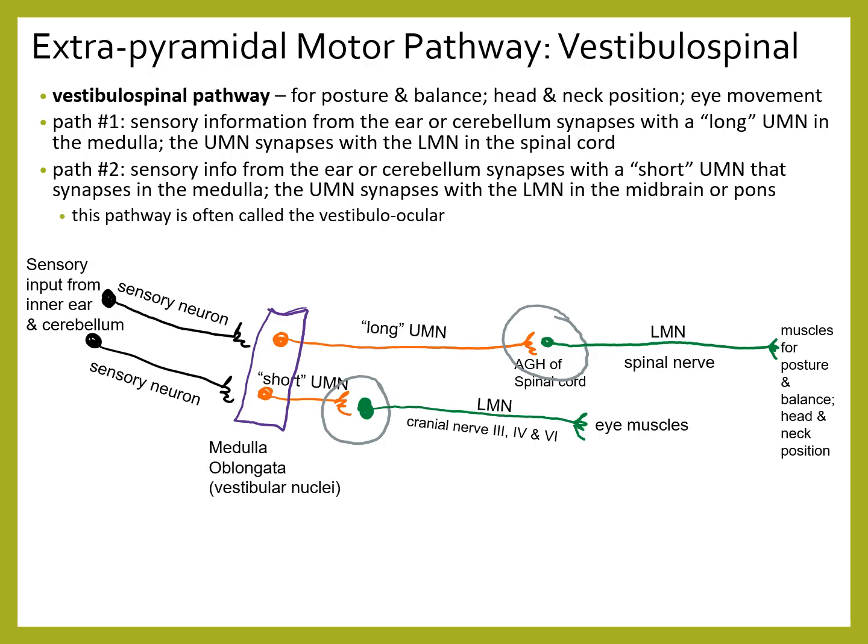Specifically, it'll synapse with lower motor neurons in the midbrain or the pons. And those axons are going to form cranial nerves 3, 4, and 6. Those cranial nerves are going to target our eye muscles. And the movement of our eyes is going to be directly related to posture and balance. So that's why often the vestibulo-ocular pathway is taught together with the vestibulospinal. This is why I've lumped them together in the same slide.